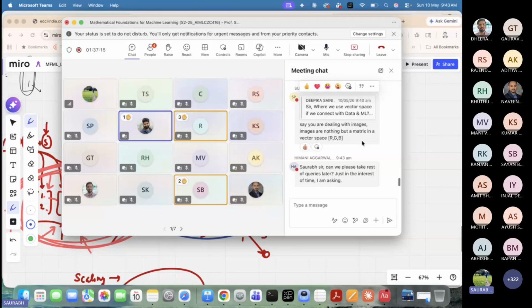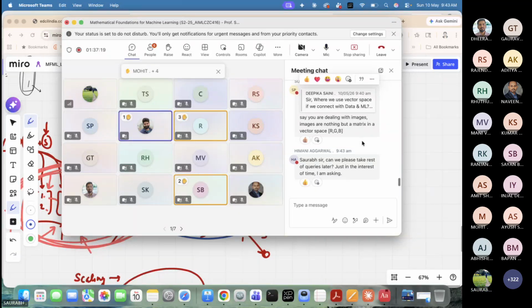Am I audible? Yes. So far, whatever we discussed about vector spaces, the crux of it says that a vector space has to be infinitely large. In the real world or in the linear world, is there any example where we could have a limited vector space by restricting the operation that we are doing, like vector addition or scalar multiplication, by applying some rules to it so that it always stays inside that limited vector space?